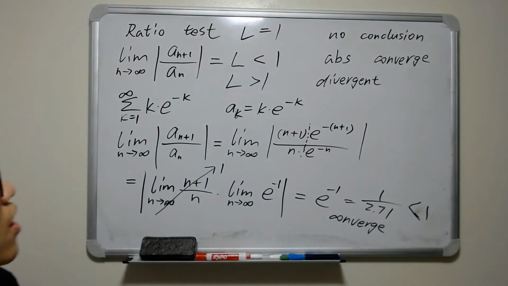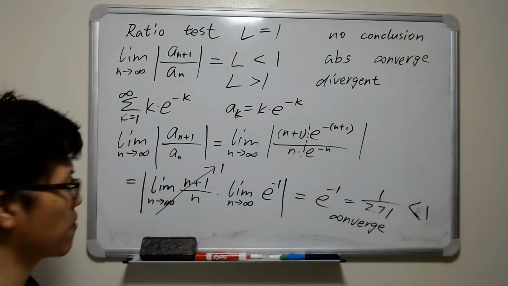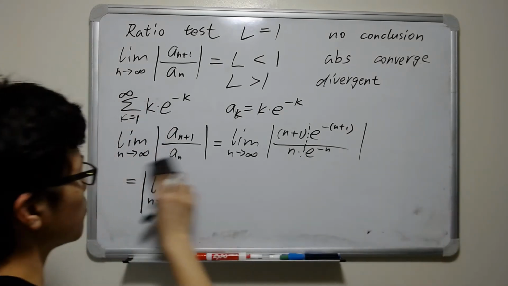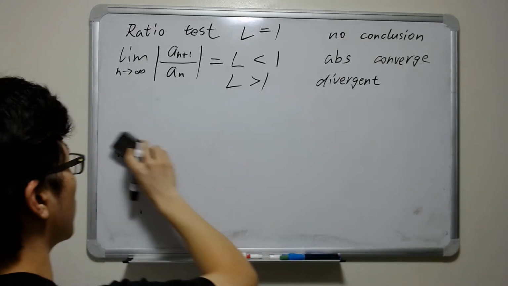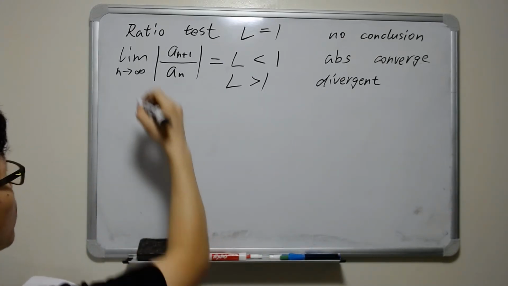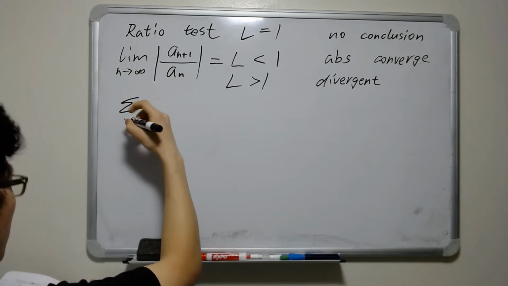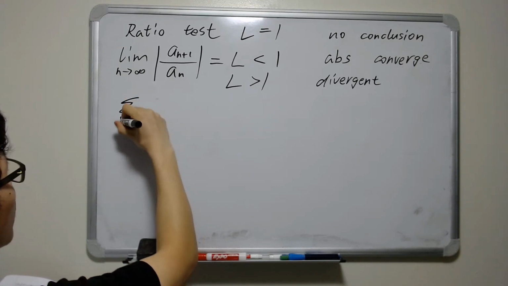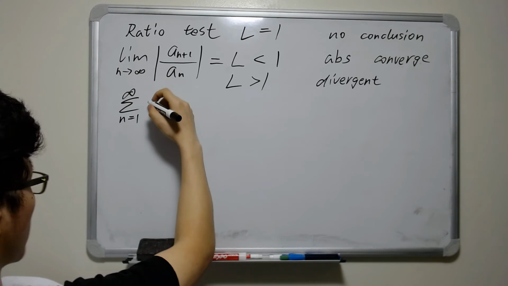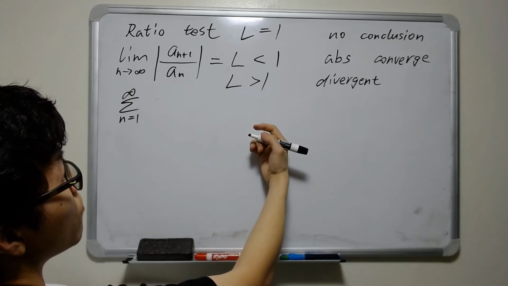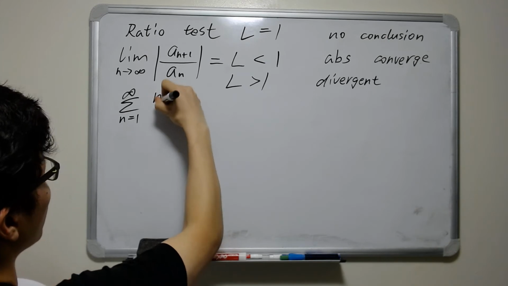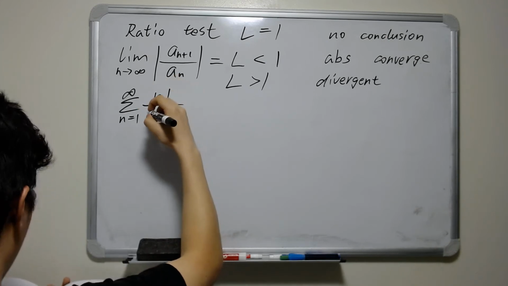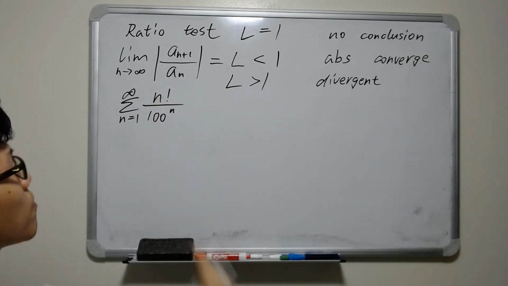Okay, so one more example, apply the ratio test, determining if this series is convergent: n factorial over 100 to the n.